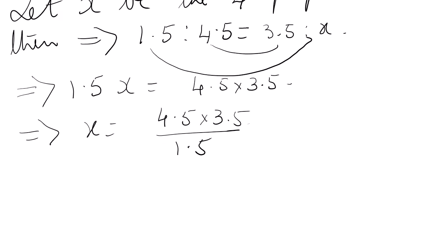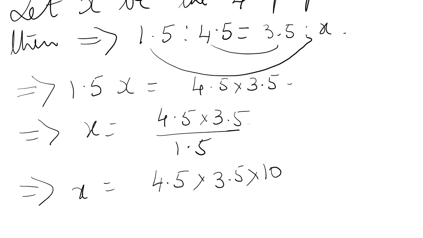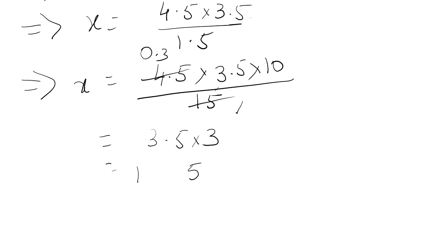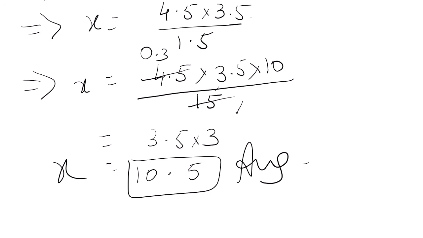So if you simplify, x is equal to 4.5 into 3.5 into 10 upon 15. We remove the decimal. So now 15 ones are 15, 0.3 times. So now this will be 0.3 into 10 is 3. So 3.5 into 3 is equal to 10.5. So x is equal to 10.5 is the answer.